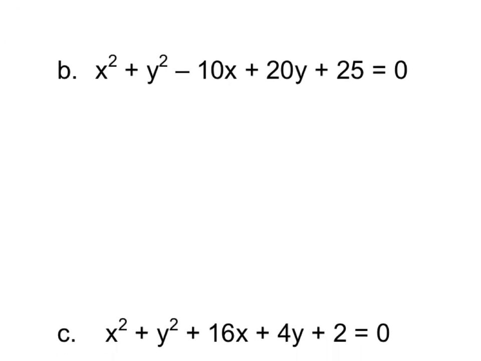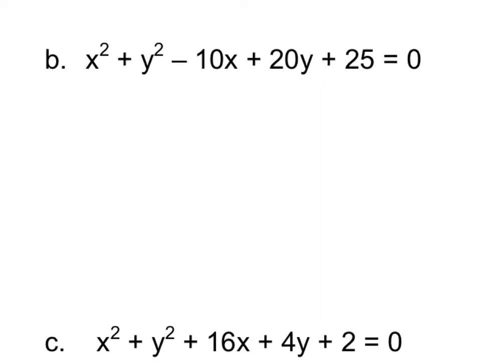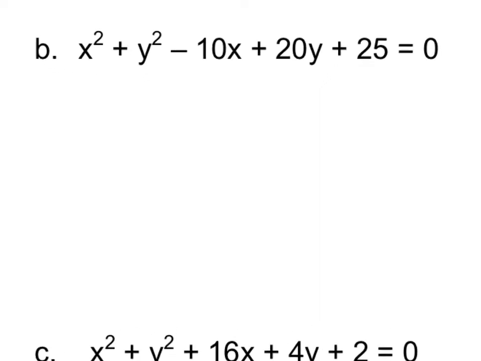What you need to do is group the x's together and the y's together. So we have an x squared and a negative 10x, so these are going to be together. And then I have a y squared and a plus 20y, so these are going to be together.